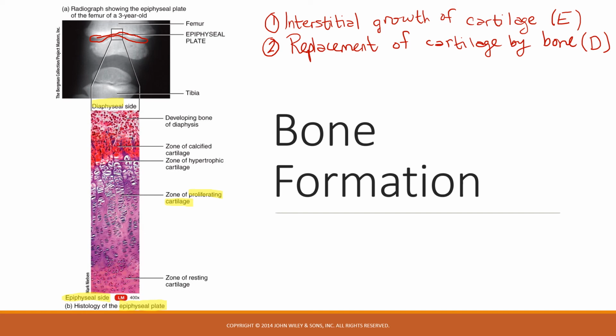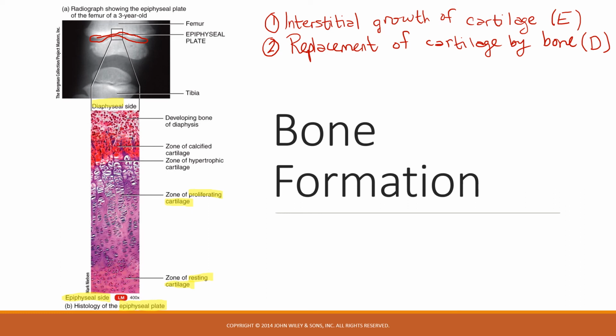And so here on the bottom, we actually have the zones in the epiphyseal plate. There's going to be the resting cartilage on the epiphyseal side, and these do not contribute to bone growth at all. Rather, they just anchor the epiphyseal plate to the epiphysis of the bone.